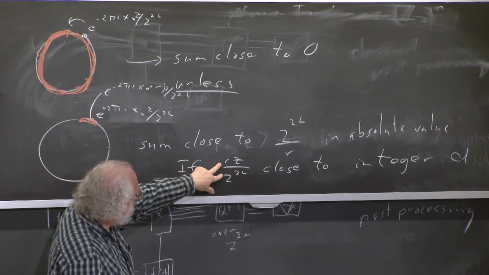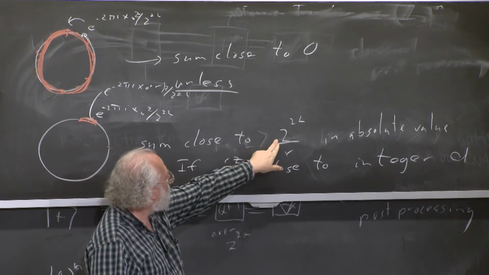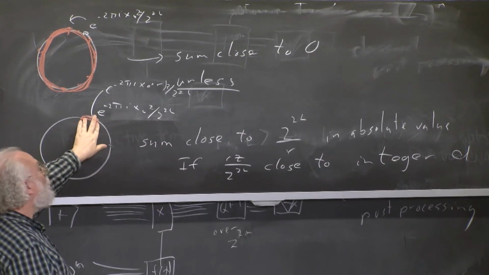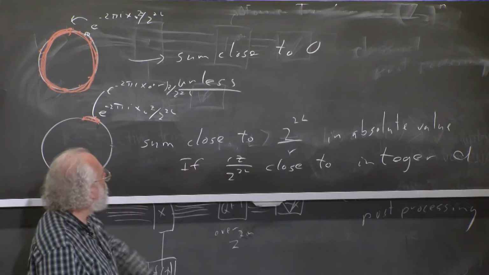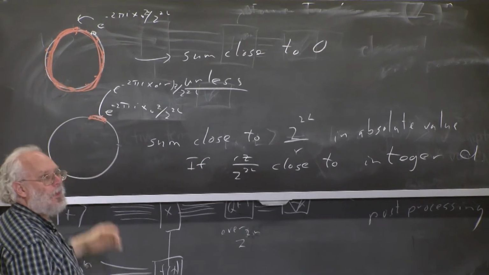So if this is close to an integer, then we get a large probability of seeing this. If it's not close to an integer, we get a tiny probability of seeing it.